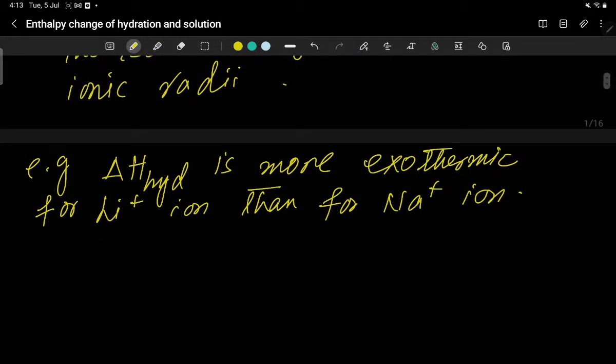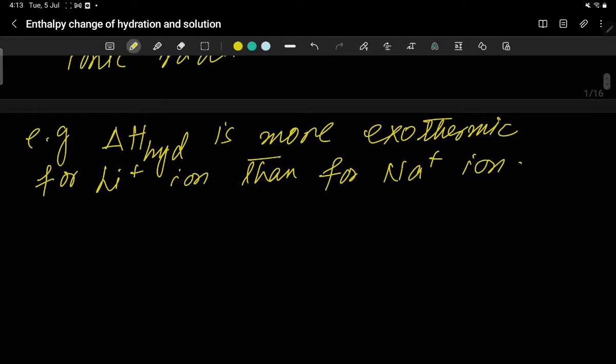So in this way, in other words, we can say that down the group delta H hydration is less exothermic. So note down.